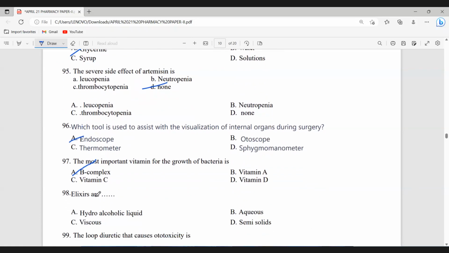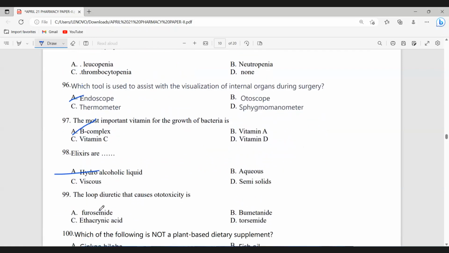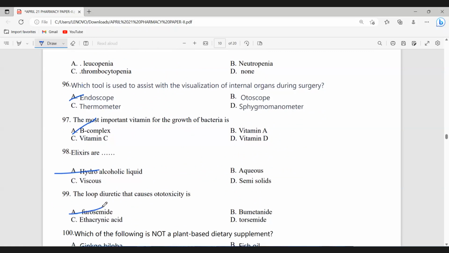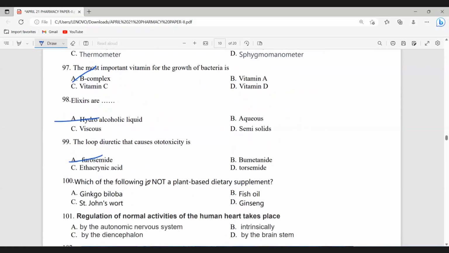Elixirs are hydroalcoholic liquids. Then 99, the loop diuretic that causes ototoxicity is: the direct question, that is furosemide. And 100, which of the following is not a plant-based dietary supplement? Fish oil.